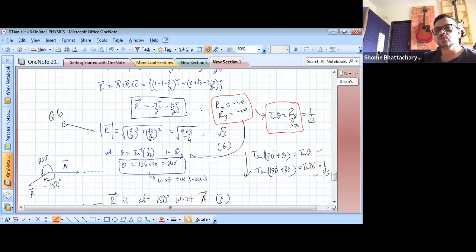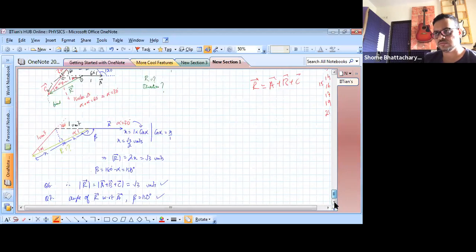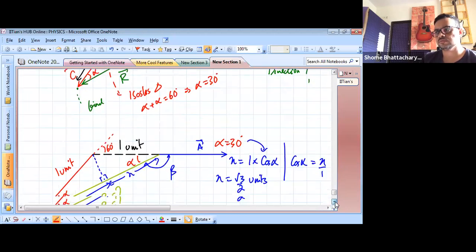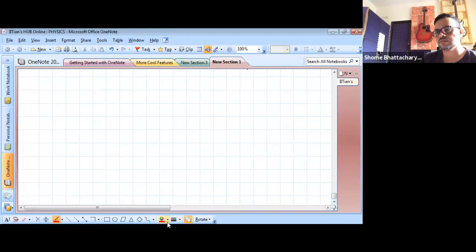Okay, so next, moving on to question number 8. So it says a body is constrained to move only along the y-axis under the action of a force of this much.